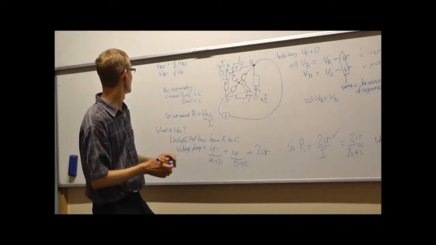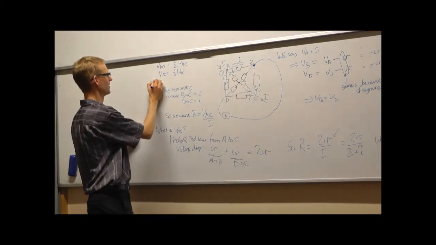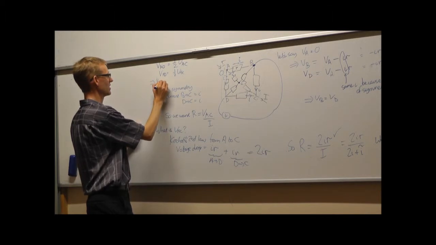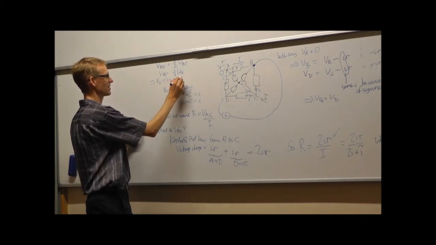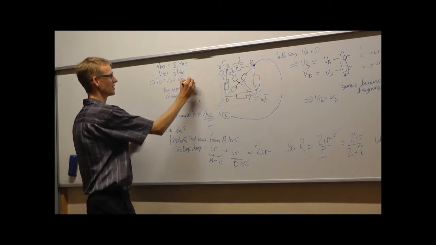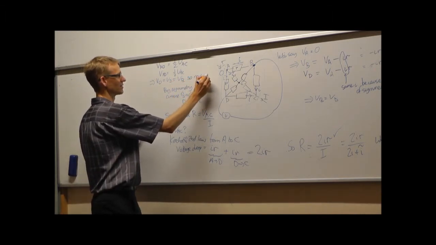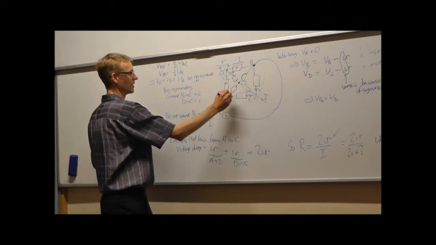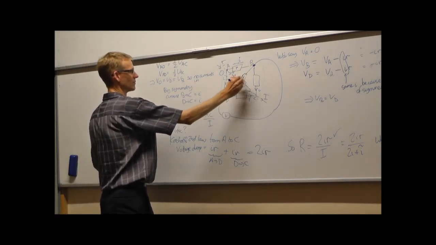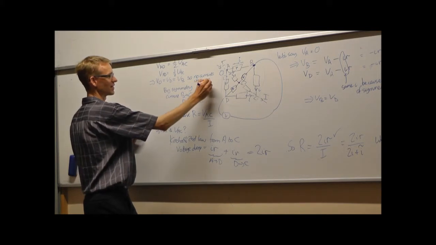That's the key. Therefore the potential at O equals the potential at D, the same as the potential at B, so no currents in star and star.